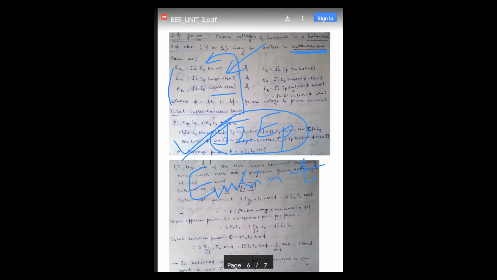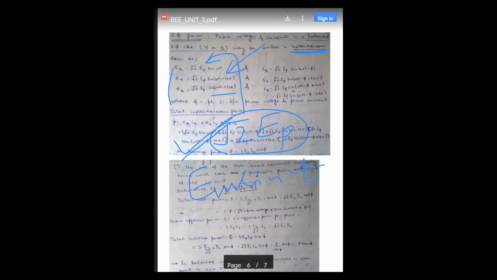Okay, so again we are deriving this power equation using the assumption that it is an RL load, although we can derive it for each load, whether it is R, pure L, C, RL, RC, RLC, whatever it may be.